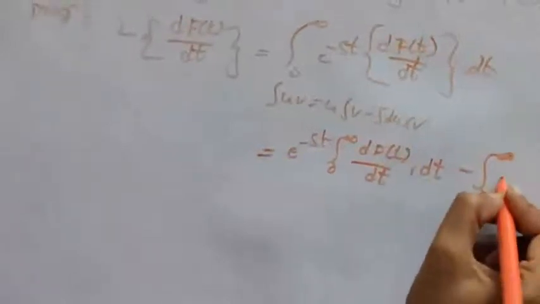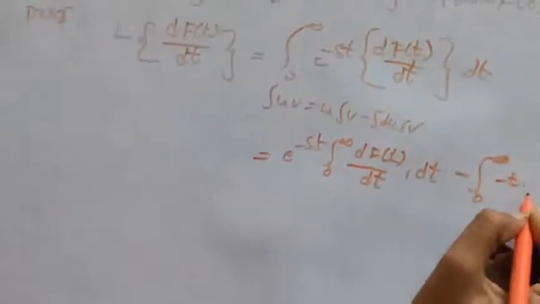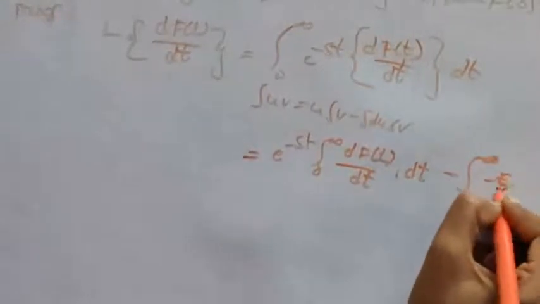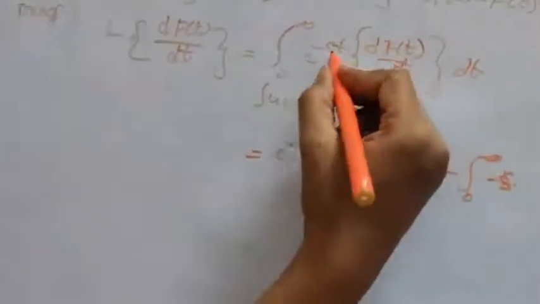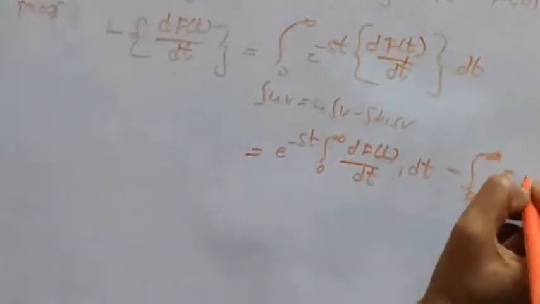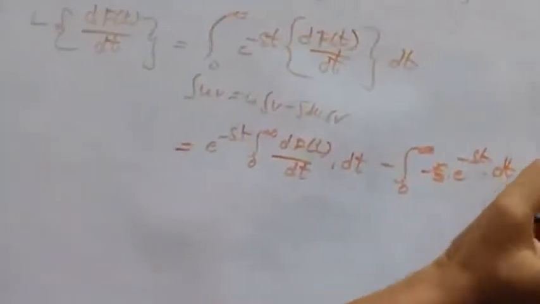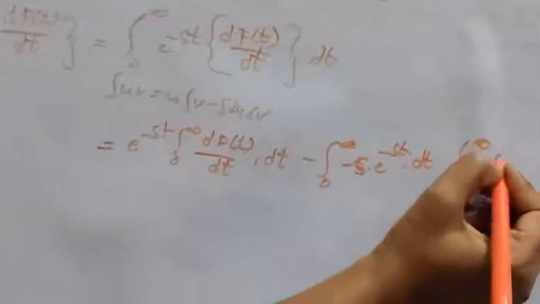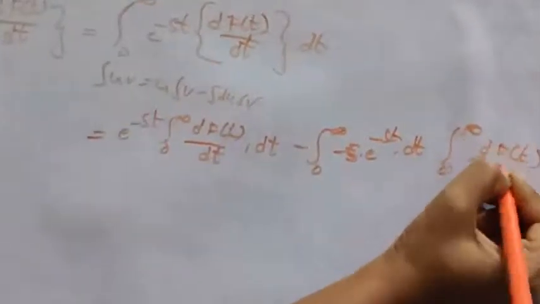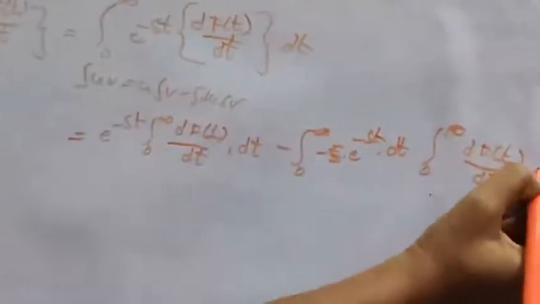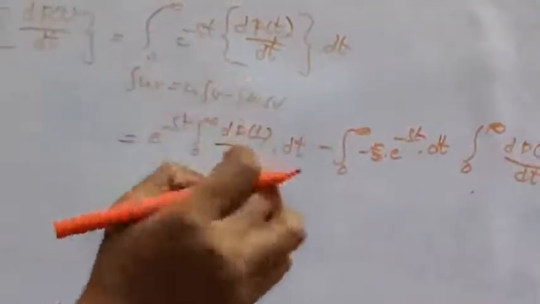Differentiation of u with respect to t is minus s e power minus st into dt, integral 0 to infinity df of t by dt into dt. So according to this formula I have expanded this.